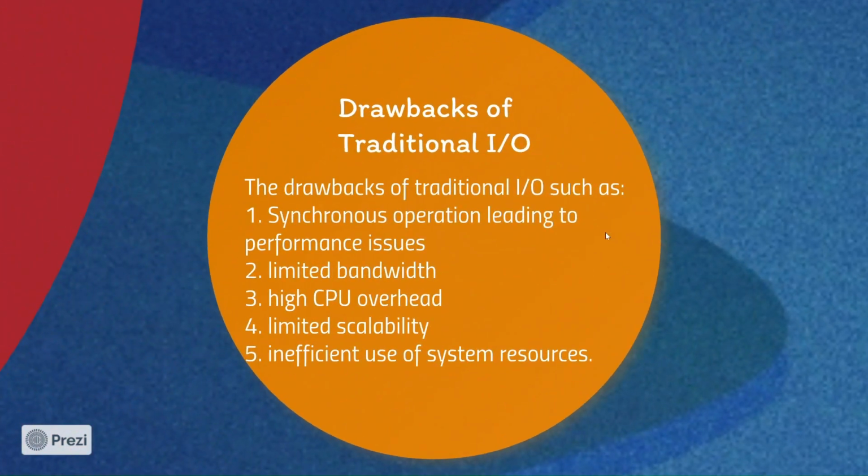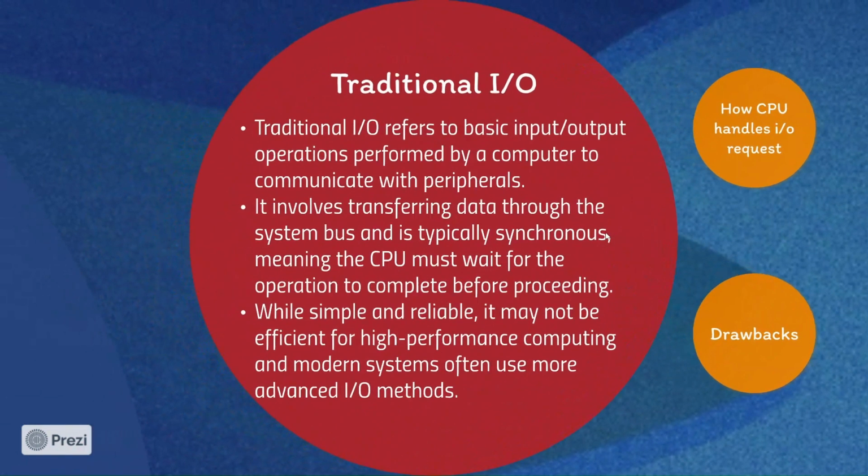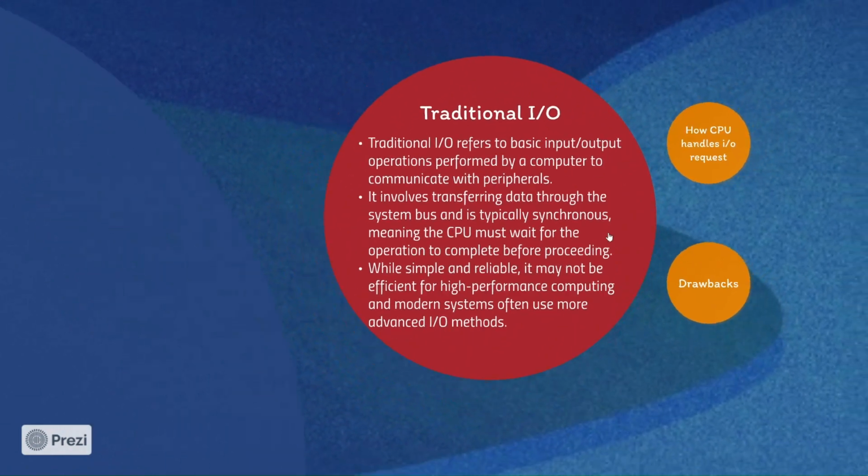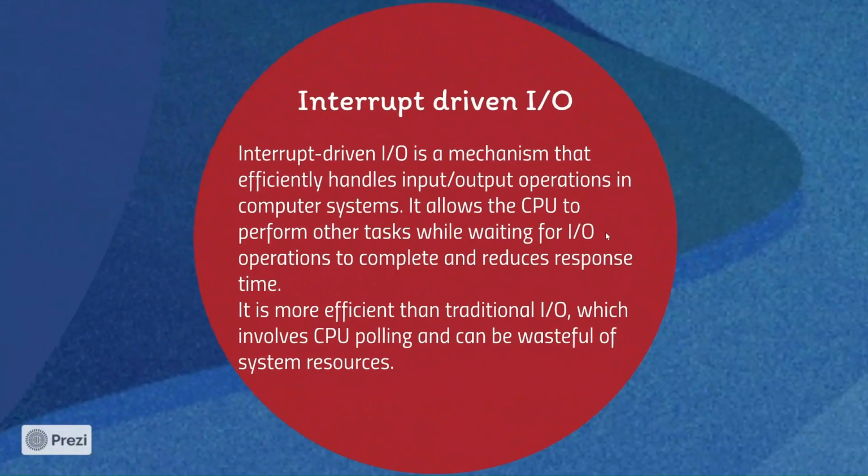There are a few drawbacks of traditional input-output, such as synchronous operation leading to performance issues, limited bandwidth, high CPU overhead, limited scalability, and inefficient use of system resources. Due to these drawbacks, we prefer interrupt-driven IO.